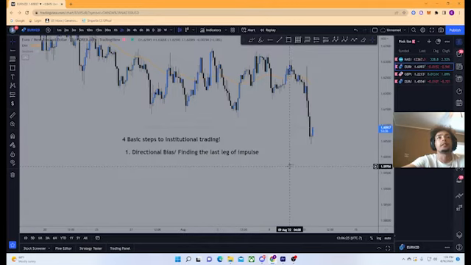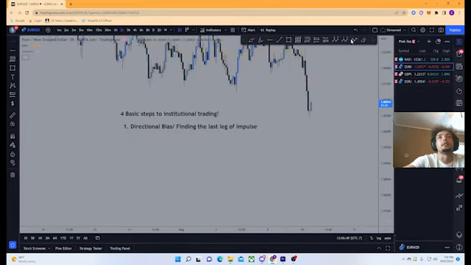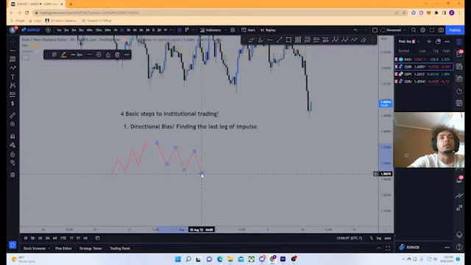Now, when I talk about directional bias, guys, there are 4 market structure patterns that I look for. These market structure patterns are upside continuations, what I just drew out here, where you have an impulse and a correction, and then you have the downside continuation, where you have an impulse, retracement, and we're continuing to go lower and lower.